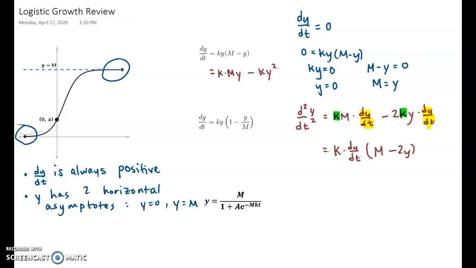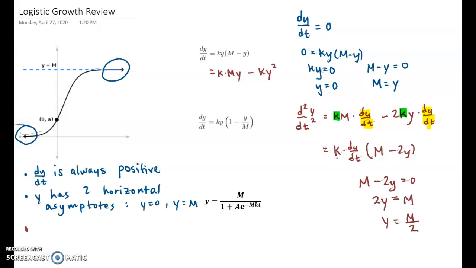We've already talked about how k is a constant, it's positive. dy/dt is never exactly 0. We just have places where it approaches 0. So the only way for the second derivative to equal 0 is if m minus 2y is equal to 0. So the way for the second derivative to be 0 would be if 2y is equal to m, or if y is the carrying capacity divided by 2.